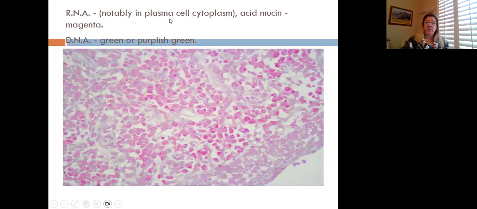So the RNA, notably in the plasma cells here, and if there are any acid mucins that happen to be there, okay, it's not our target, they just happen to be in that particular section, they are going to stain this bright magenta color. And then the DNA is this green to purplish color, sort of out here, and in here.